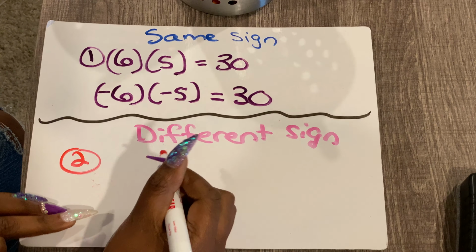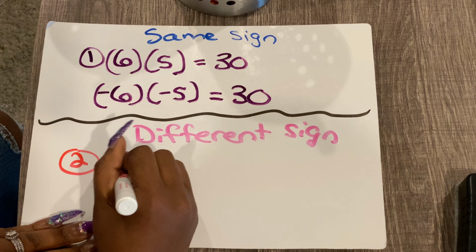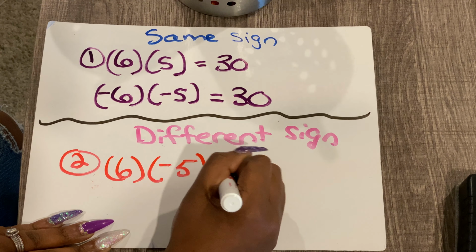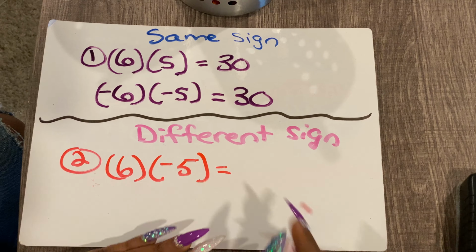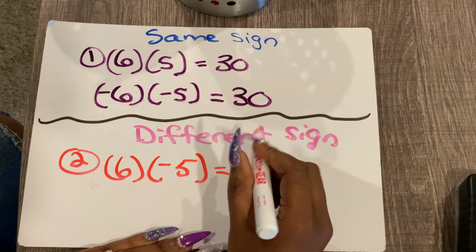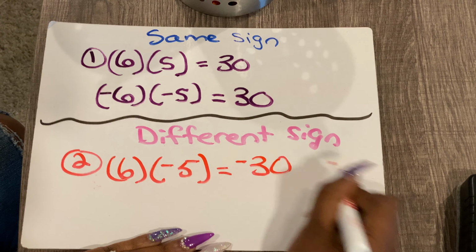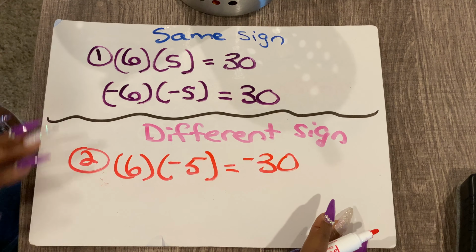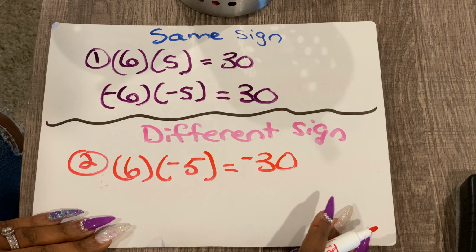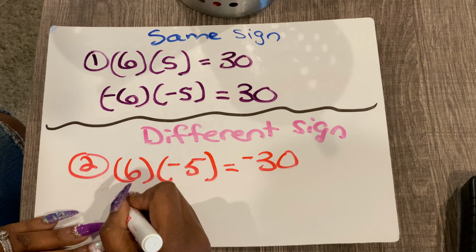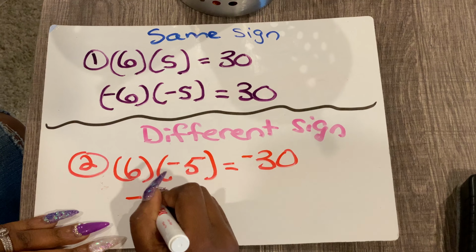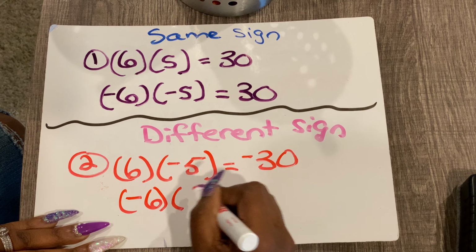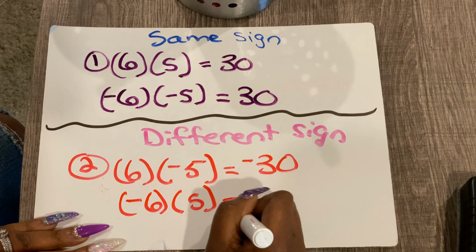So let's look at number 2. If I did 6 times a negative 5, remember, different sign, what am I going to end up with? Hopefully you said a negative answer. You're going to end up with negative 30. What if I did negative 6 times a positive 5?